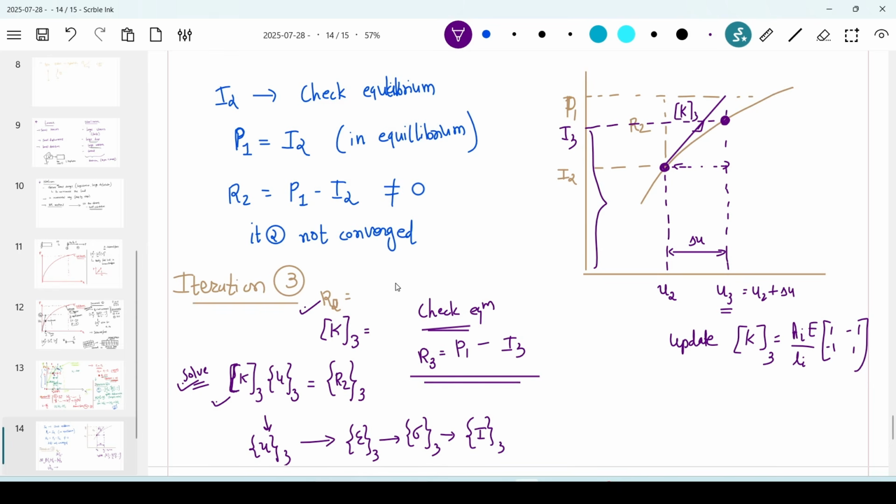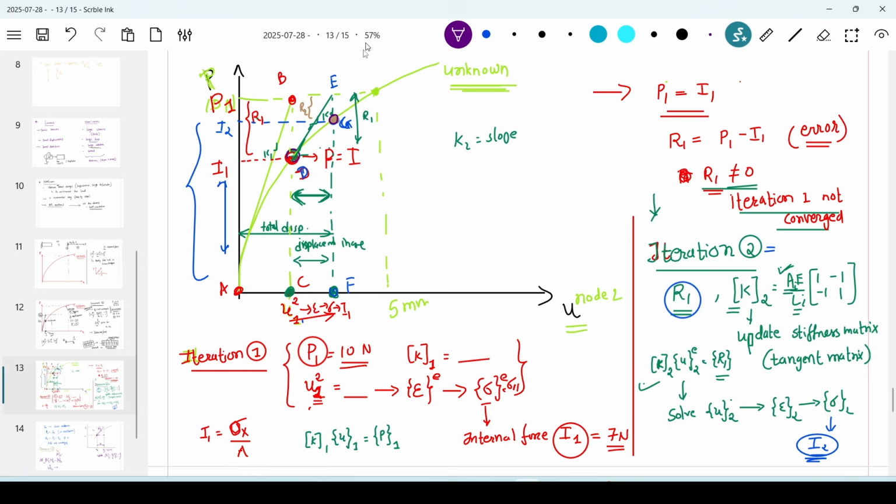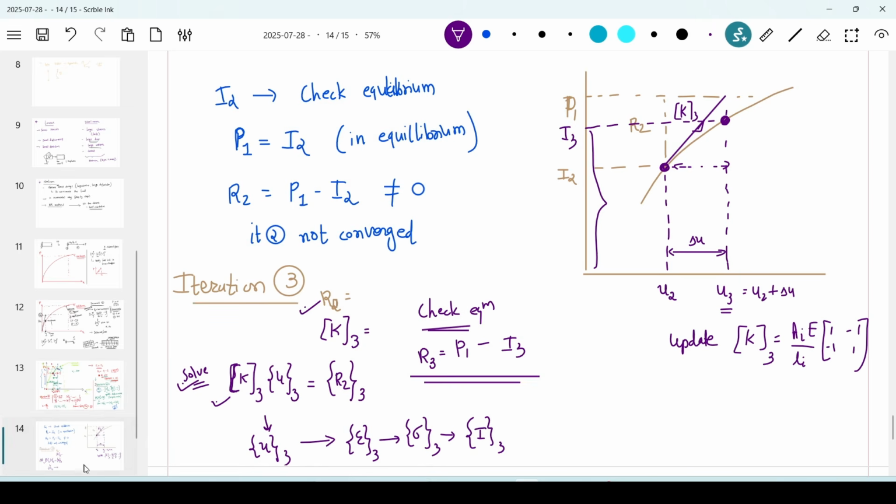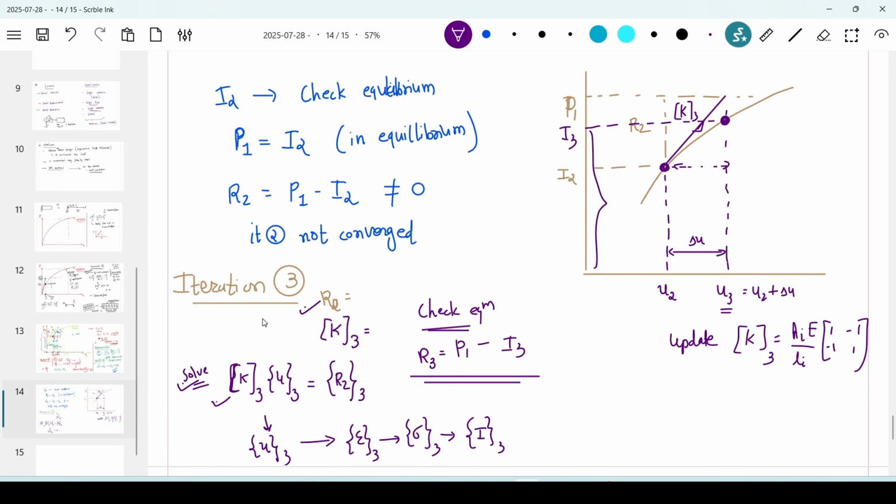Now I'll go back to here. This is my iteration 3. Hope you are able to see this, and I get this value. This is my u3. Hope you are able to see, right guys? Not the enlarged one but here only.